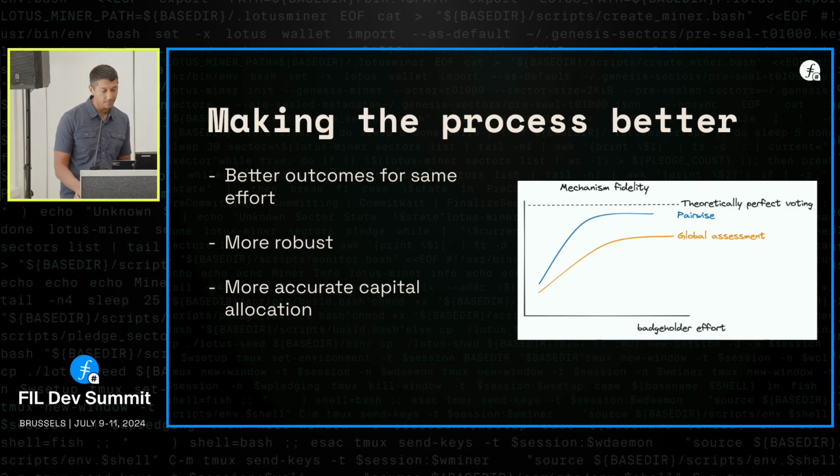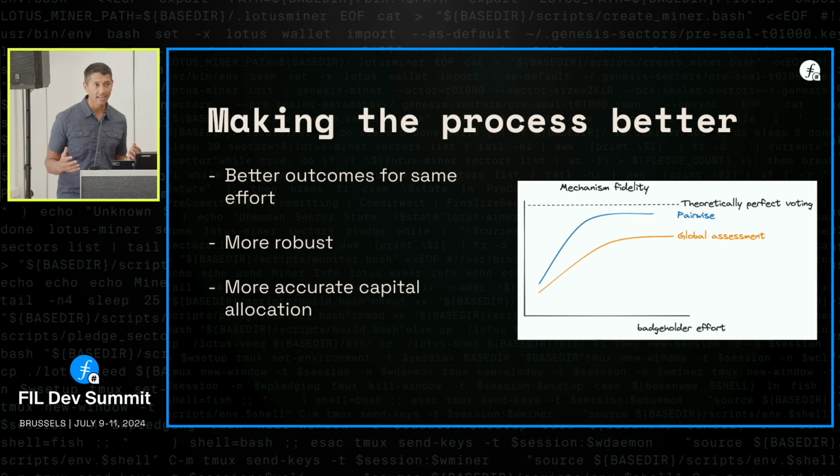So we'd like to increase that as much as possible, because badge holders are busy and they volunteer their time to do this. And we'd also like to have a more robust mechanism. What is meant by robustness here is badge holders are given a lot of trust in the RetroPGF process. They are allowed to make whatever decisions they want in terms of voting. And while they do, they are subject to auditing.